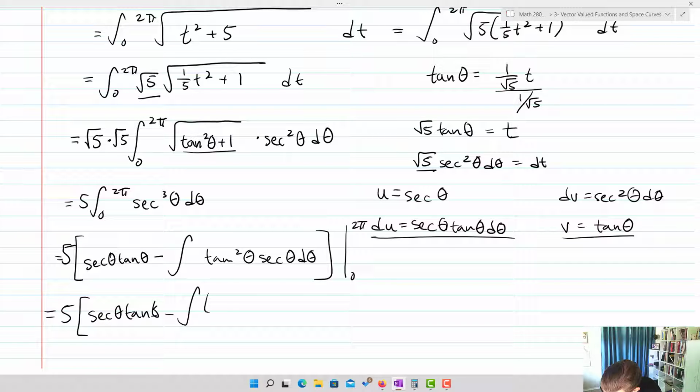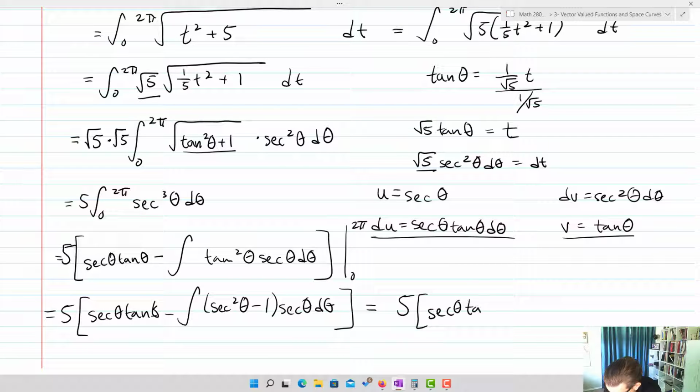This will be secant squared theta minus 1 secant theta d theta, which will then equal 5 times secant theta tan theta minus the integral of secant cubed theta d theta minus the integral of secant theta d theta.